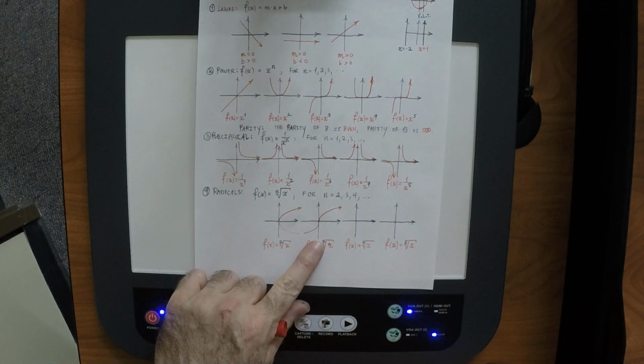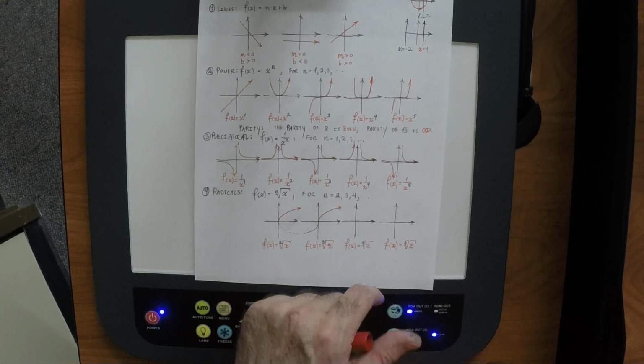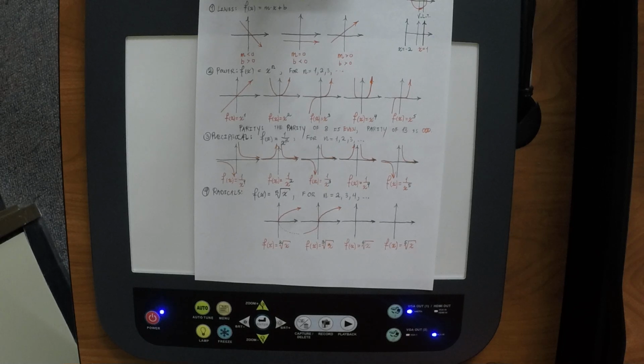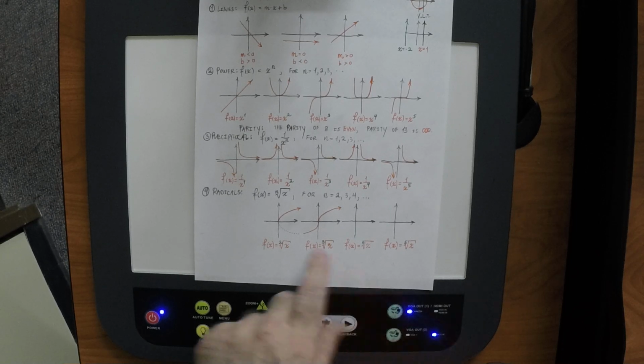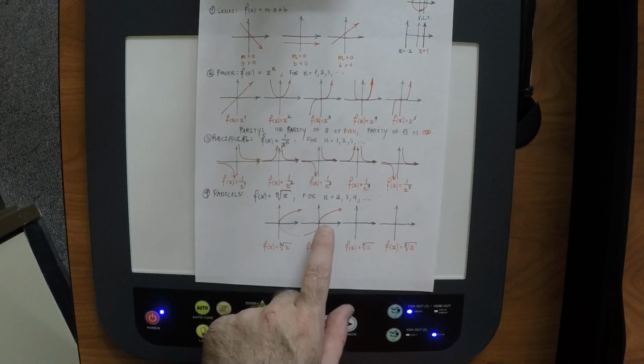So it's there. So the cube root exists on both sides of the axis. Now, what that means is that it is in fact permissible to compute the cube root of a negative number. So, for example, what is the cube root of negative 8? Negative 2. Because, after all, negative 2 times negative 2 is positive 4, multiplied by one more negative 2 is negative 8. So the cube root looks like this.